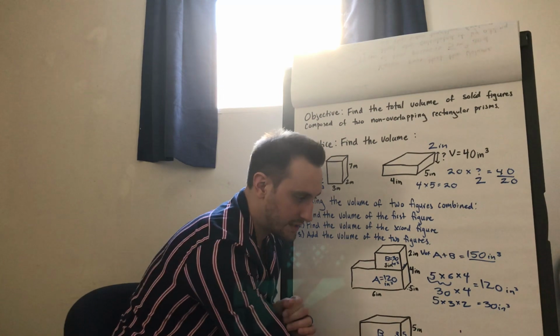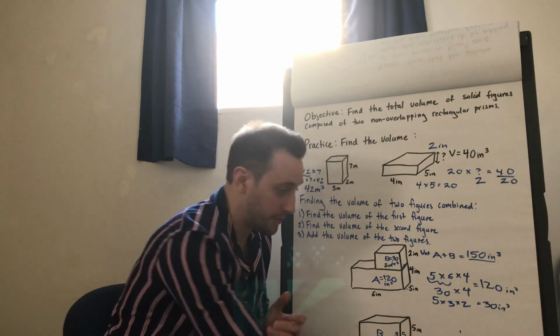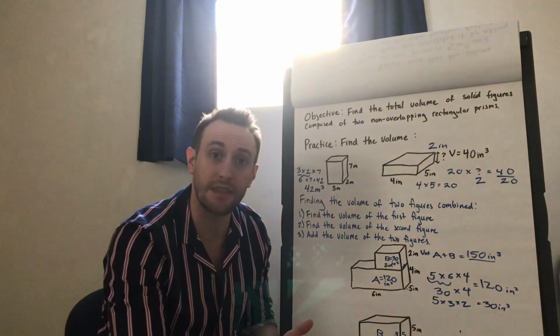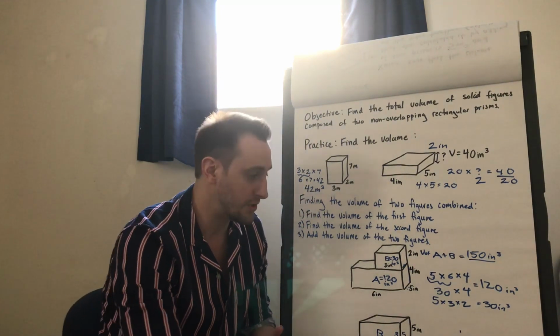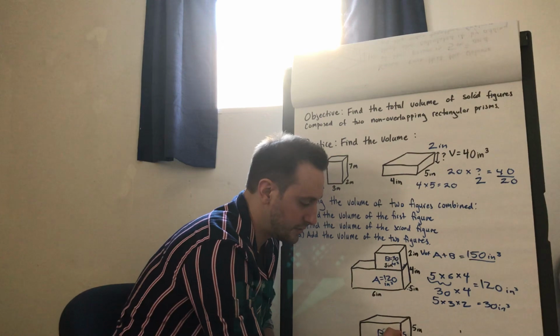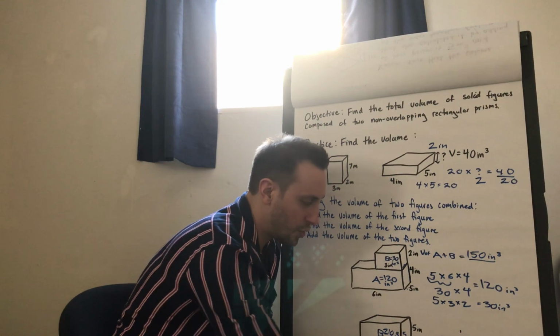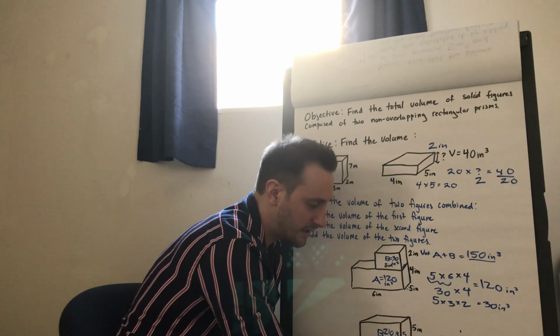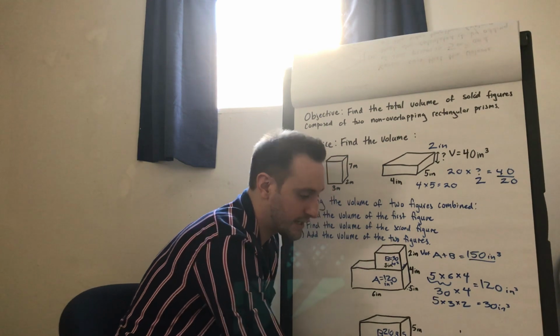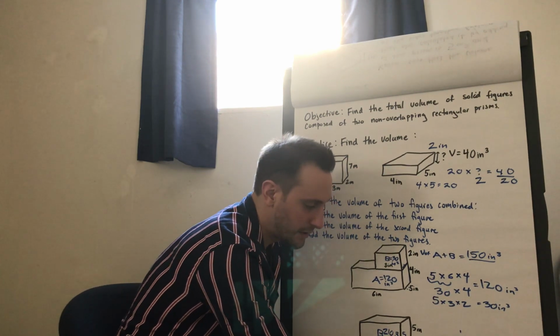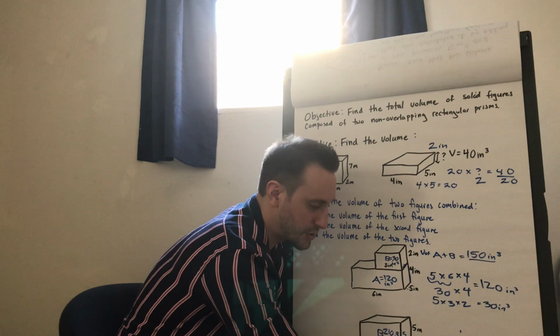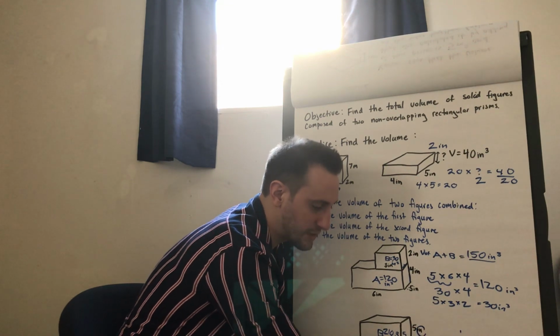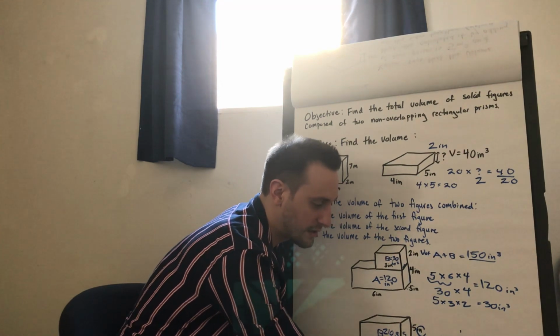So we're going to do 14 times 5 times 3, which we already did, or 3 times 14 times 5. It's the same thing. We already found that out. So we're going to have 210. So 210 plus 210 is going to give us a total volume of 420, and the units are in inches, so inches cubed.